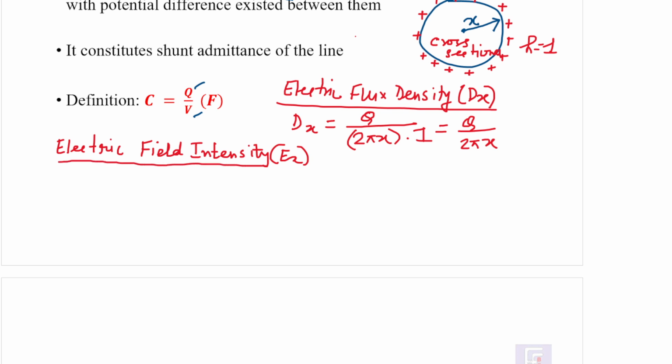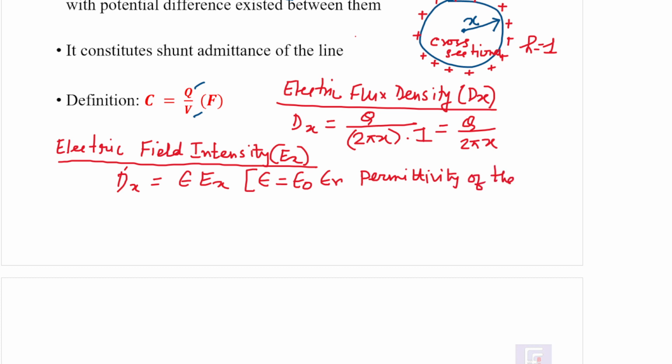You know, D is related with epsilon Ex, where epsilon is epsilon naught epsilon r. It is called the permittivity of the medium.